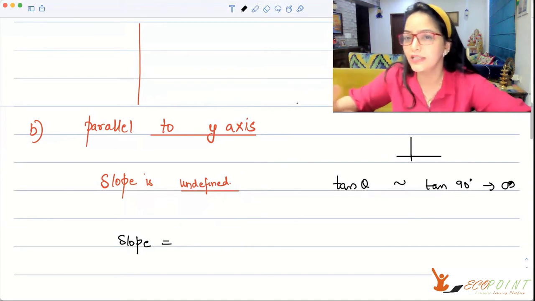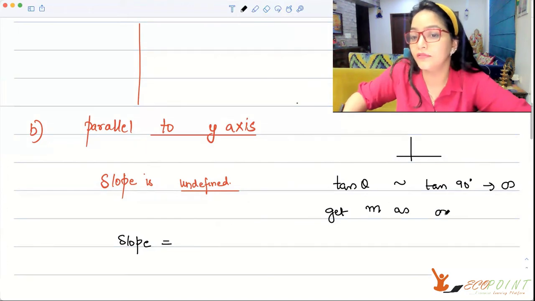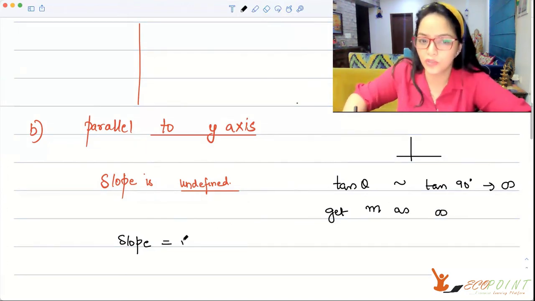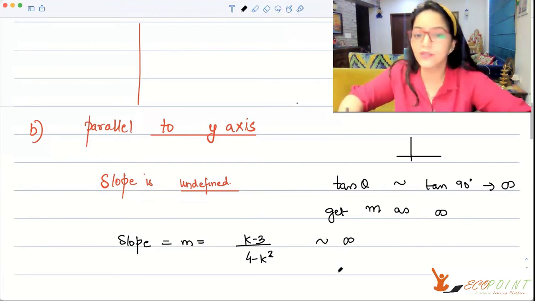So when do we get infinity? The whole idea here would be how to get m as infinity. The slope, which is basically your m, we already know that it is (P minus 3) upon (4 minus P square). And I want this to be infinity. So when will that happen?